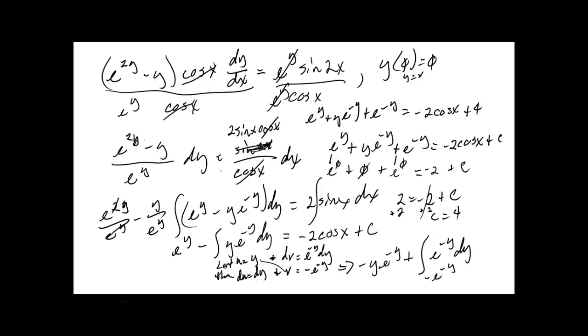The pictures in the book show the family of curves for certain values of your C. I don't know which those are. The one that crosses the origin is when C is equal to 4, and the one 2 below it is C equal to 2.